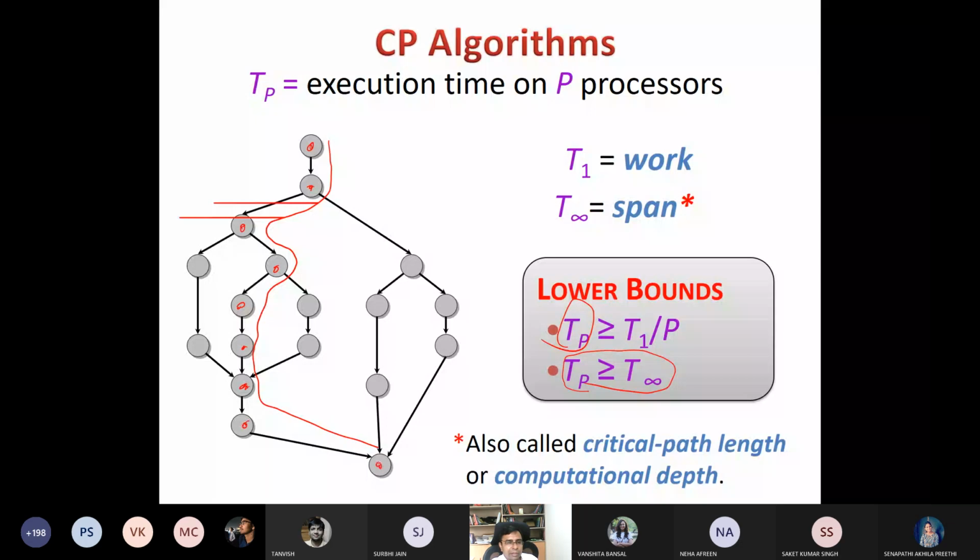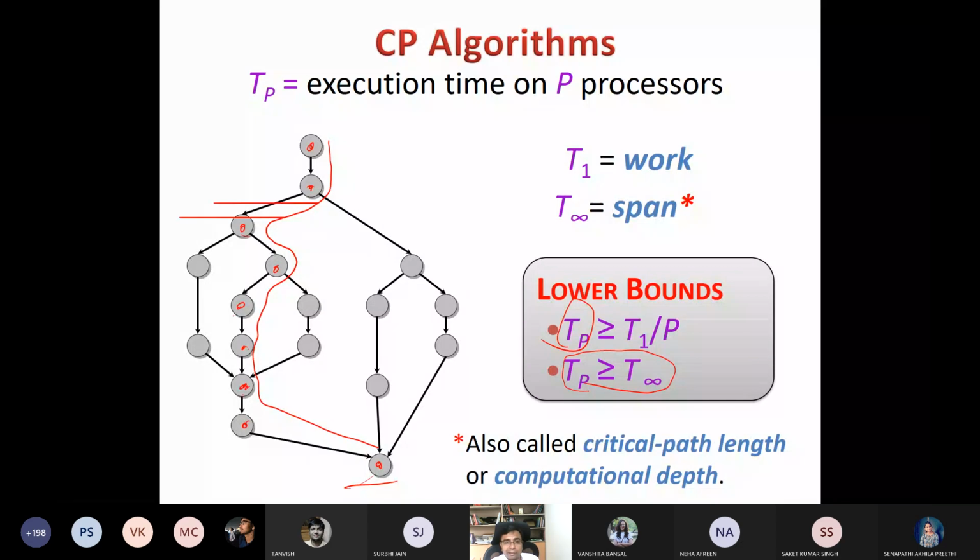So the critical path is 1, 2, 3, 4, 5, 6, 7, 8, 9. Whatever number of processors I give you, you cannot finish in less than 9 units of time. Definitely it will take 9 units of time. Is this clear?